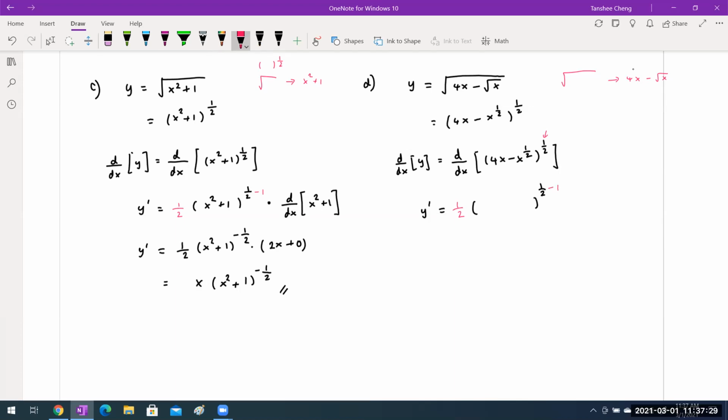And remember, when we take the derivative of the outer function, the inside will be what? Still the inner function, which is 4x minus x to the 1/2 power. Then times taking the derivative with respect to x of the inner function on the next step.